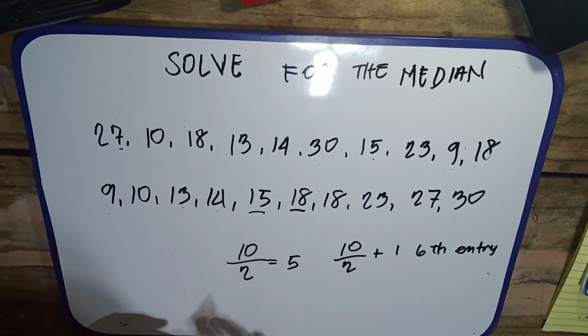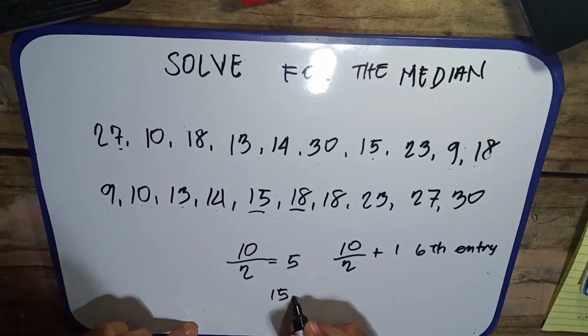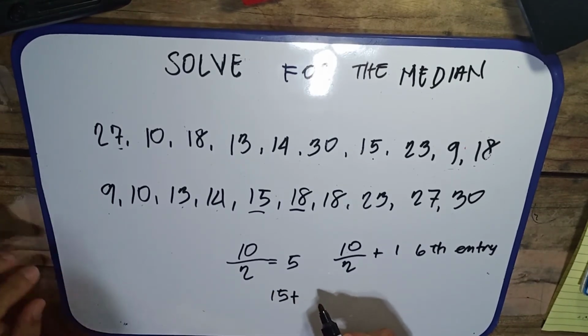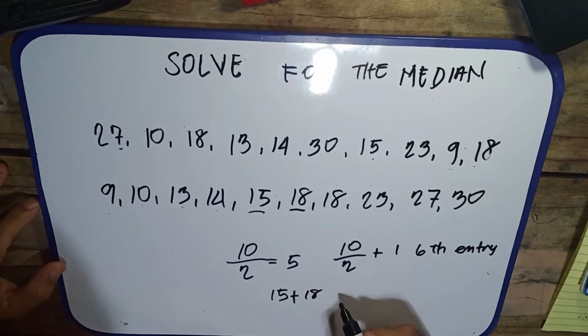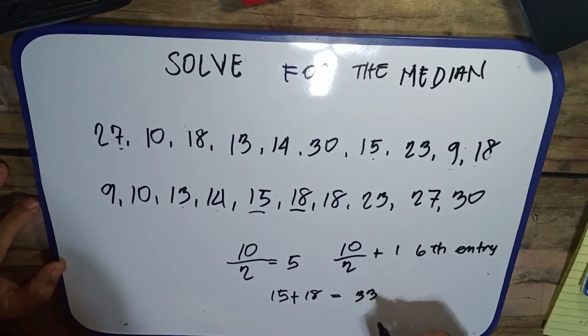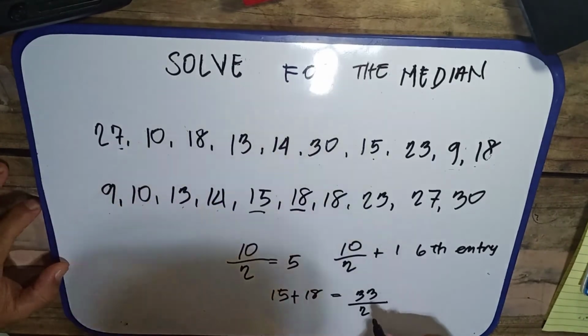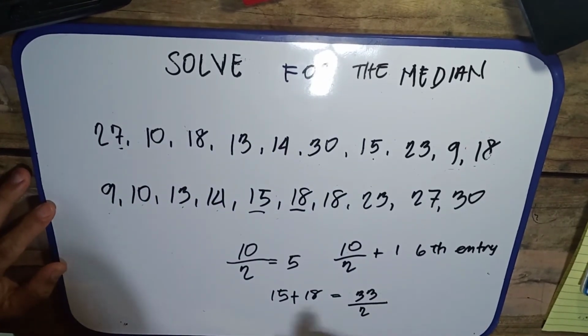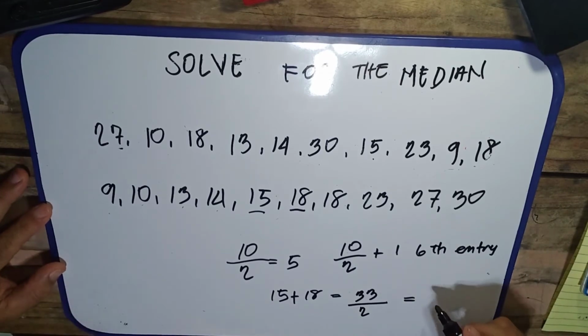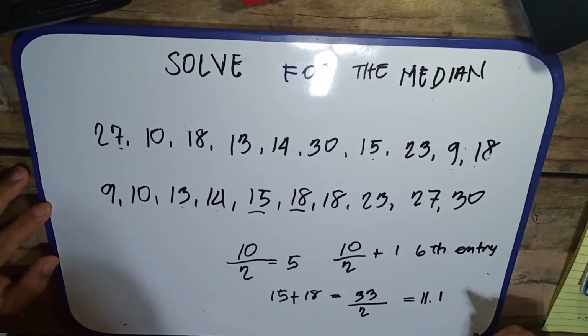So in order to solve for the median, we need to add 15 plus 18. So 15 plus 18 is equal to 33, divided by 2. So 33 divided by 2 equals 16.5. Alright?